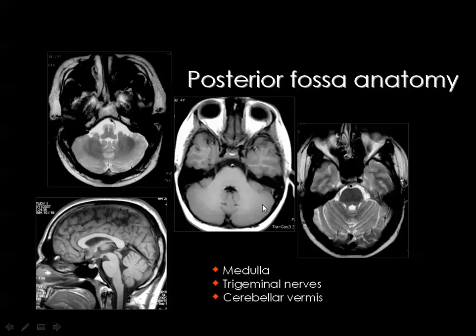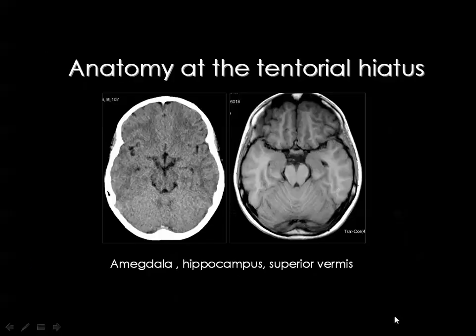This is the pons, and this is the cerebellum on the left, the cerebellum on the right, and this is the cerebellar vermis. Then these are the three sections passing through the posterior fossa, cutting through the fourth ventricle whenever it is small, then large, then small once more.